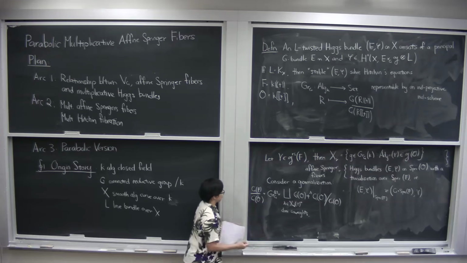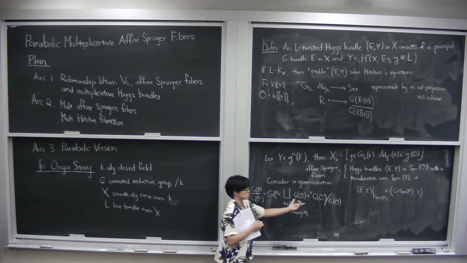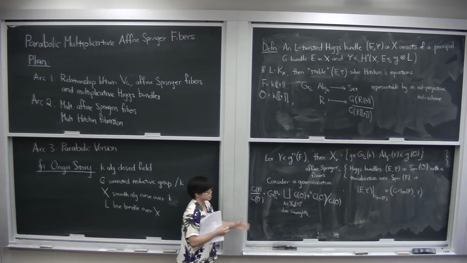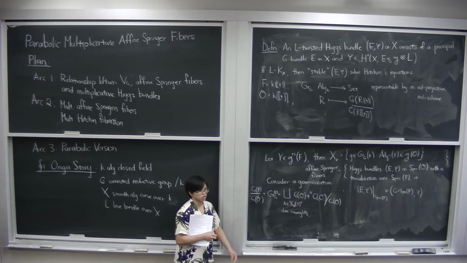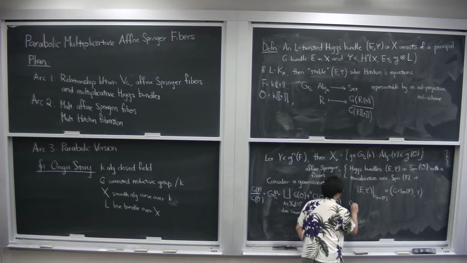If G is a matrix group, this is basically the statement that any matrix in G(F) can be diagonalized to something like t^lambda using integral row and column operations. So you're using somewhat undergraduate linear algebra. So this is the Cartan decomposition.